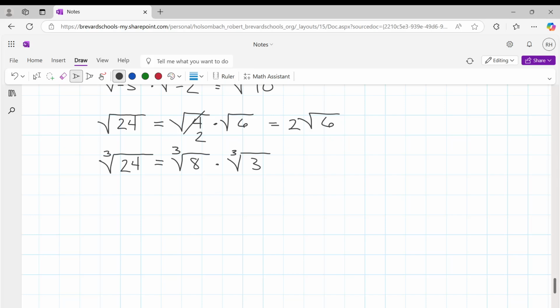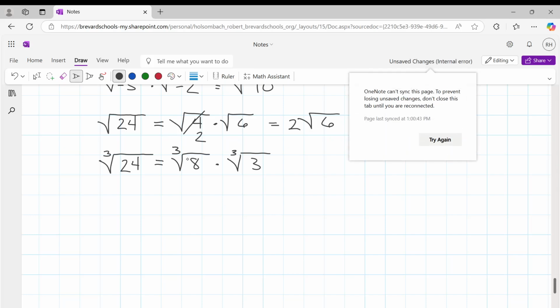Now, the third root of 8, you can find it in your calculator. We're going to list some perfect cubes here in just a minute. But the third root of 8, that's equal to 2. Because 2 to the third equals 8. So this simplifies to 2 times the third root of 3.